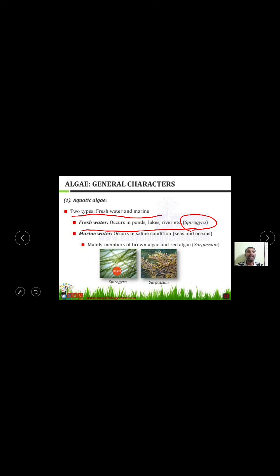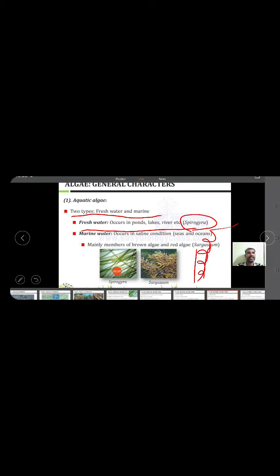Why Spirogyra? Spirogyra has a tube-like structure that appears in a spring-like manner, like this structure; that is called Spirogyra. Marine algae grow in salty, haline and saline conditions, especially in seas and oceans. That is Sargassum, a very important alga.